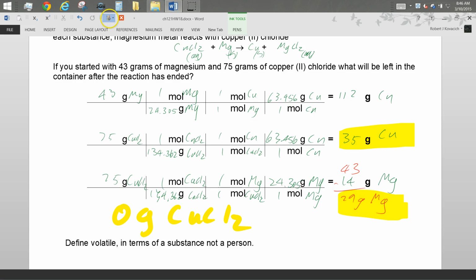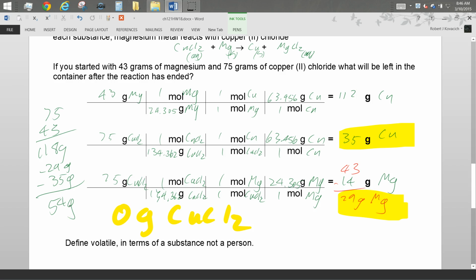is going to be in the container? Well, there was 75 and 43 grams were put into the container, so I have 118 total grams in the container. I'm going to have to subtract off 29 grams and then subtract off 35 grams. So 118 minus 29 minus 35, and I got 54.